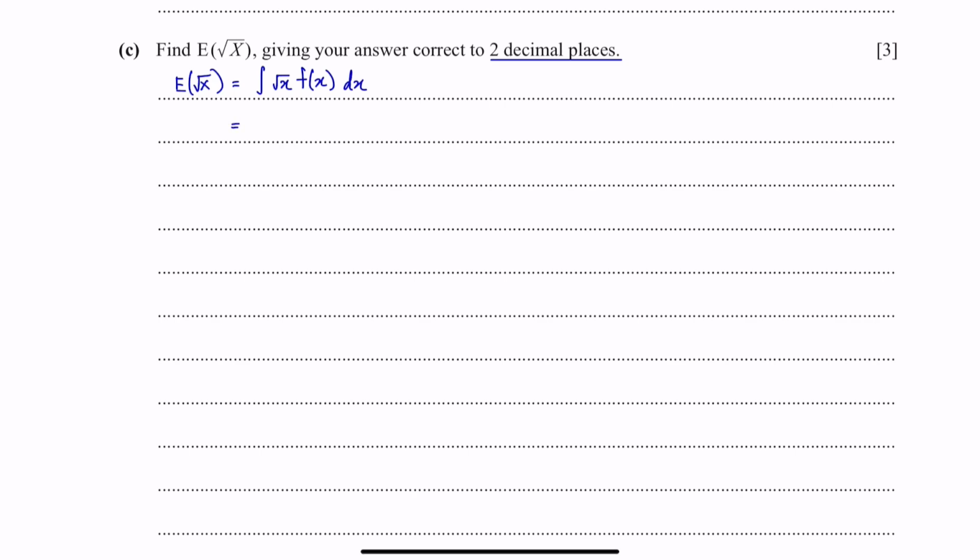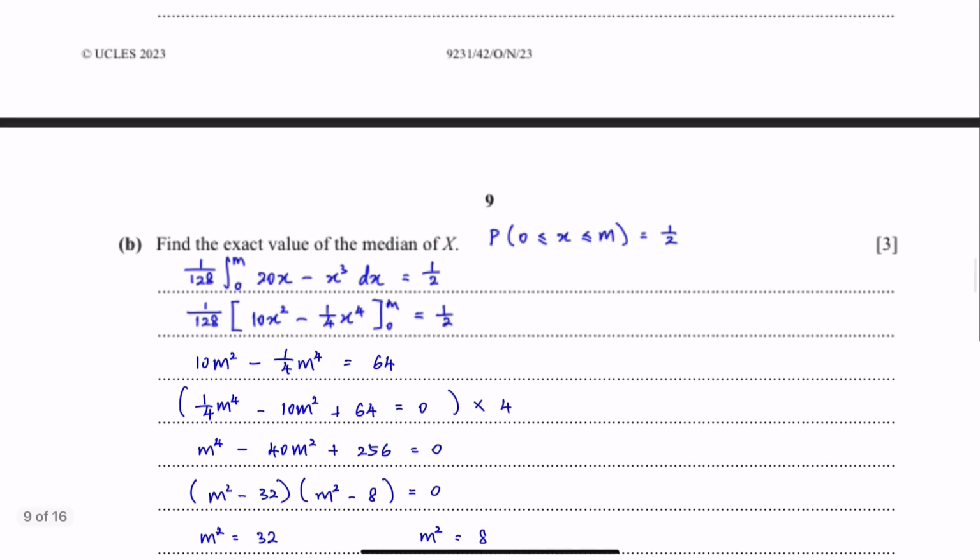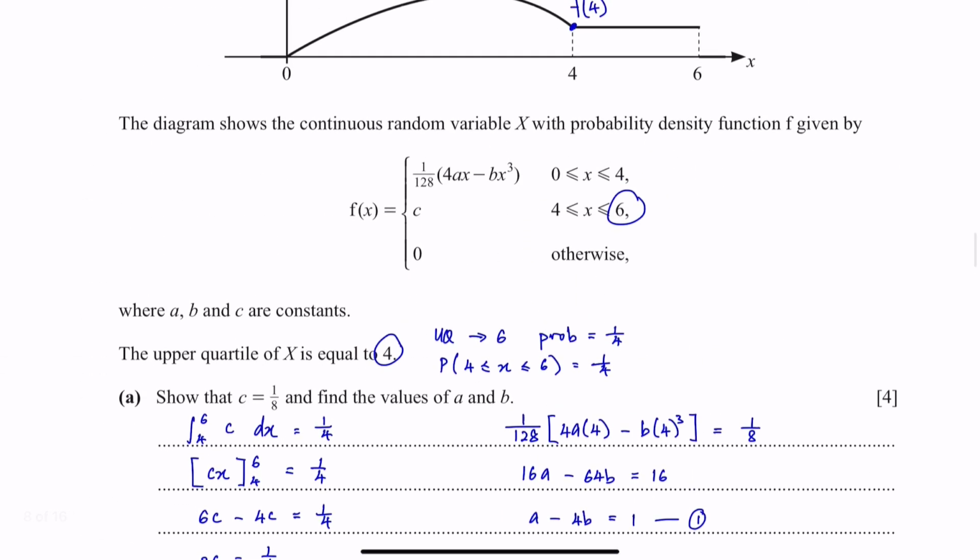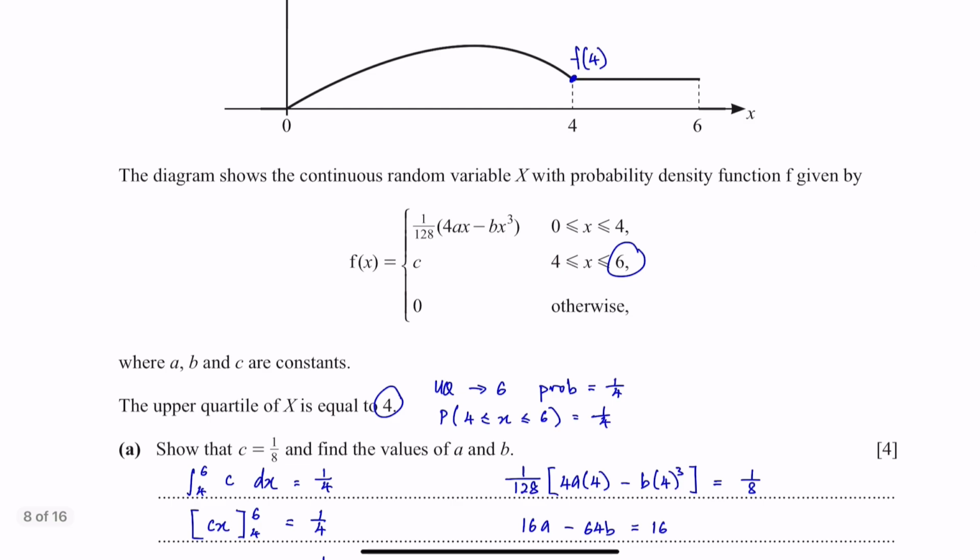Which in this case, we have two different expressions for different intervals. So we need to multiply root x into the first expression and integrate it with this interval, and multiply root x into the second expression and integrate it with this interval.